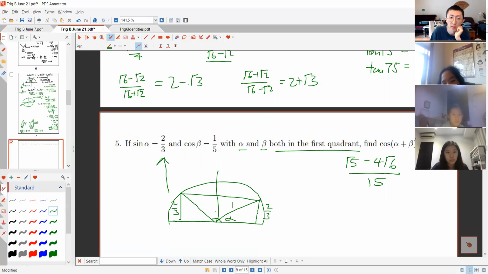This could be another alpha. I'll call it alpha 2 for the whole big angle here. So how are the cosines of alpha and alpha 2 related?